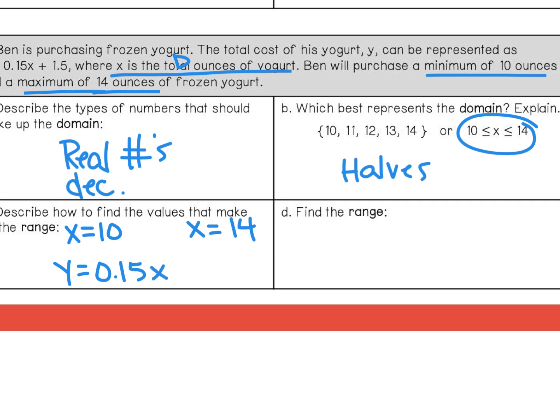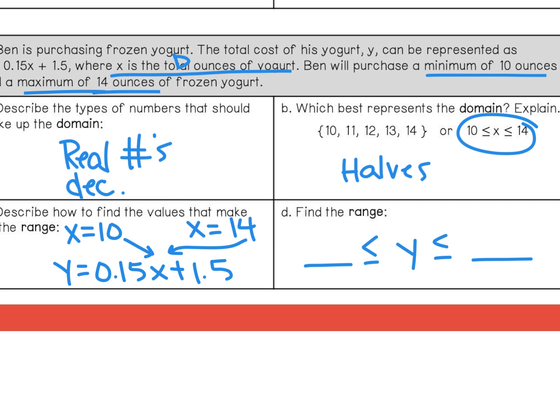Okay, we have our X. We're going to have to solve it with the 10 in it, and then solve it with the 14 in it. So this is a calculator event. Now, when you write it, remember, if your domain is an inequality, your range is also an inequality.